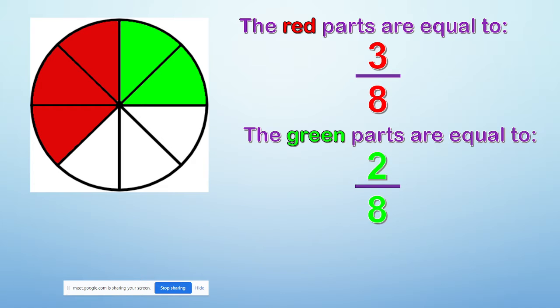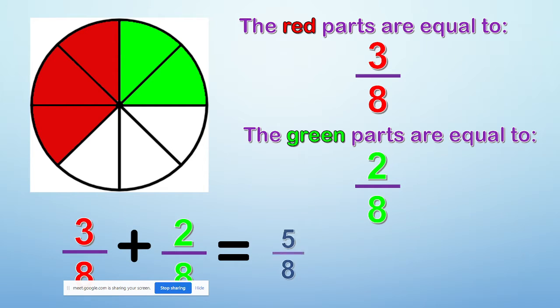Now, if you add them together, 3/8 plus 2/8 equals 5/8. You just copy the denominator, which is 8, and then just add 3 plus 2 is equal to 5. So the fraction is 5/8.